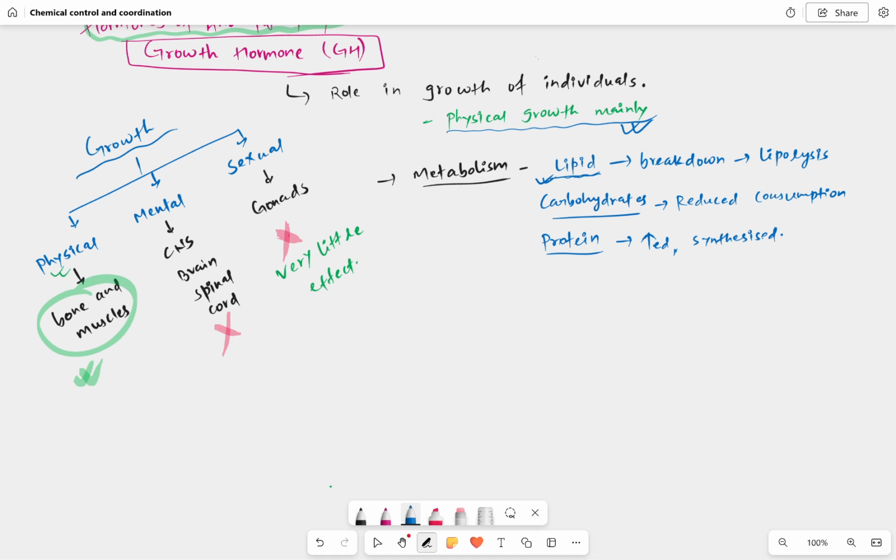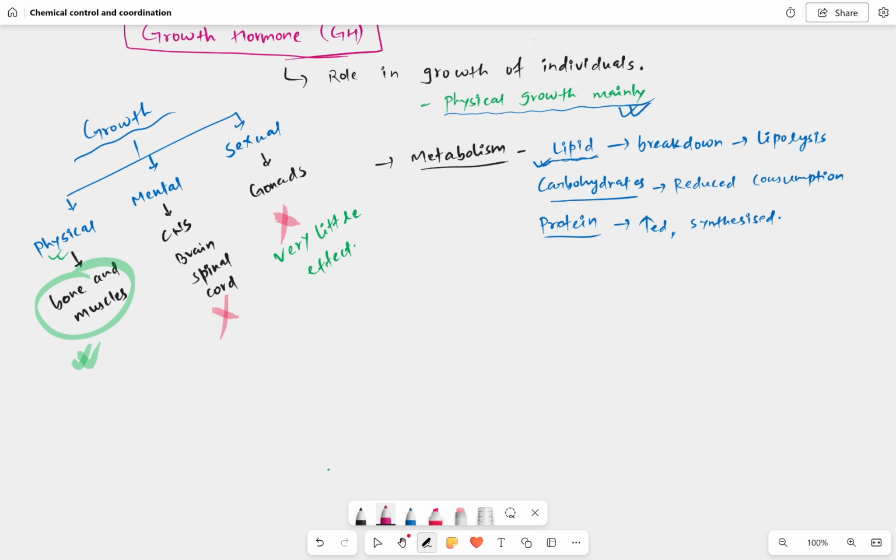Now we also have other effects. If growth hormone has its role in the normal growth of the body, what will happen if it is overproduced? That is the case of hypersecretion.